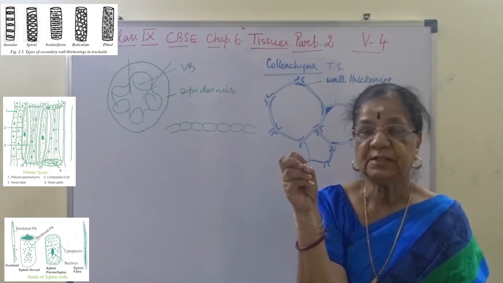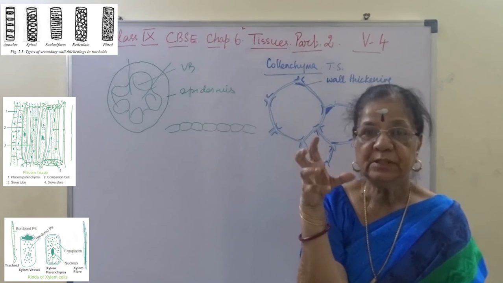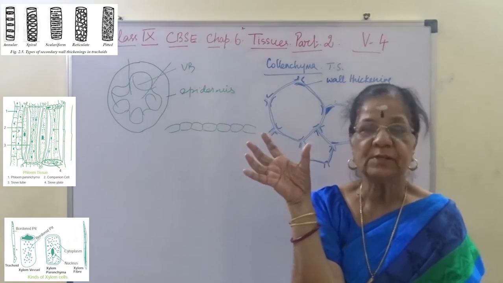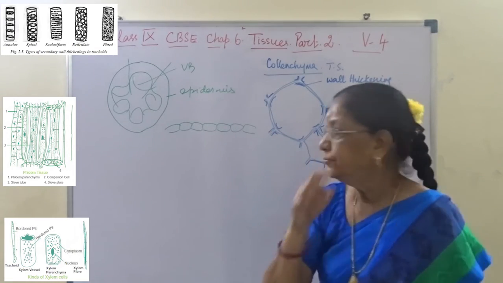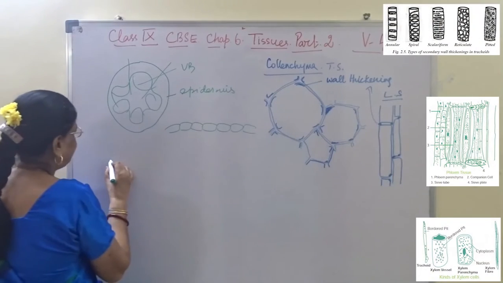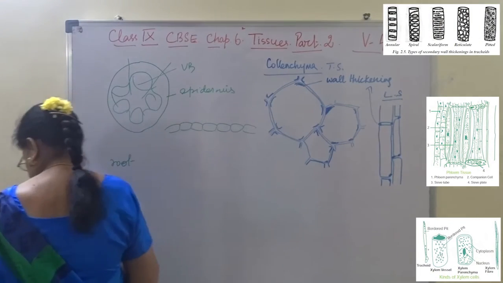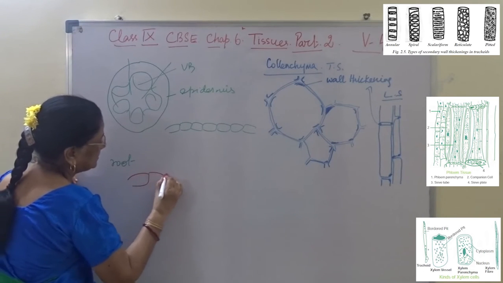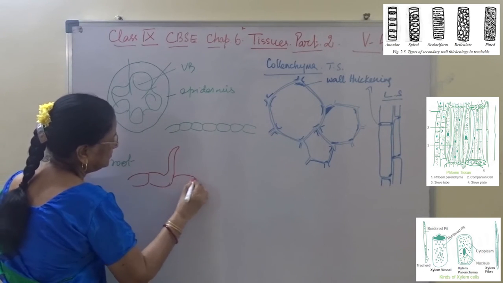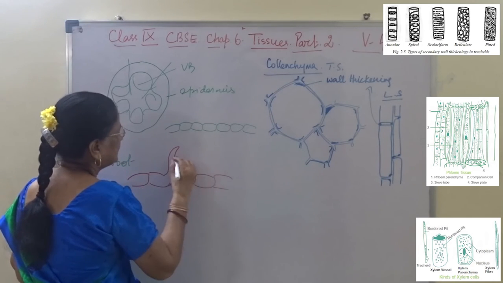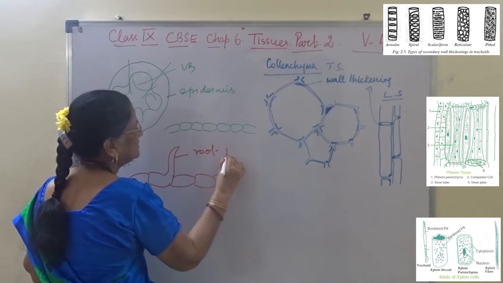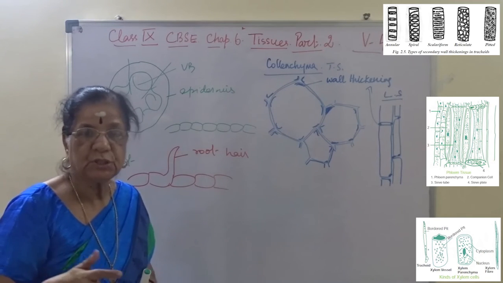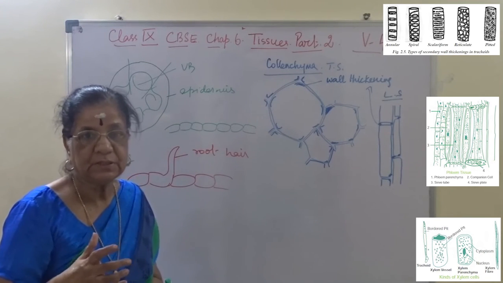At the same time, this epidermis will bear certain structures meant for certain functions. For example, in the root, the epidermis has a structure like this. This is the root hair, meant for absorption of water and minerals from the soil.